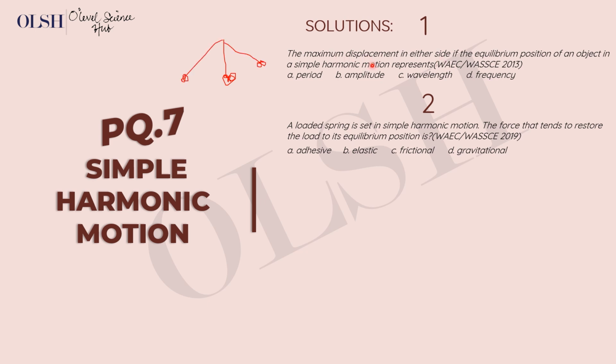It's saying the maximum displacement on either side of the equilibrium position, this side or this side, of an object in simple harmonic motion represents what? So what's that maximum displacement? Of course, that is the amplitude. That's the amplitude of that motion.